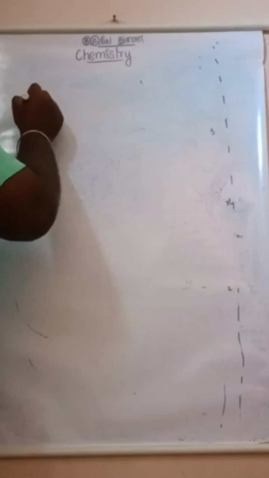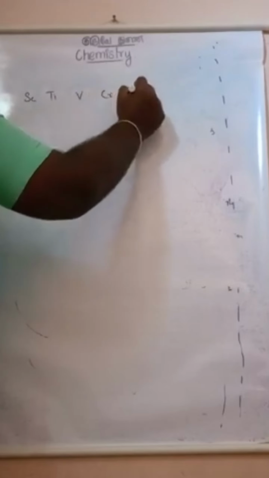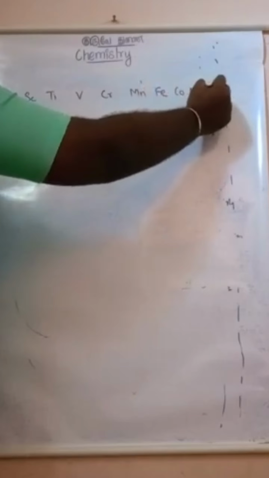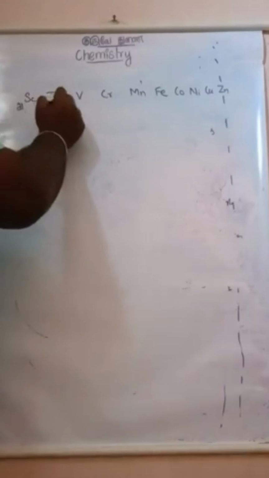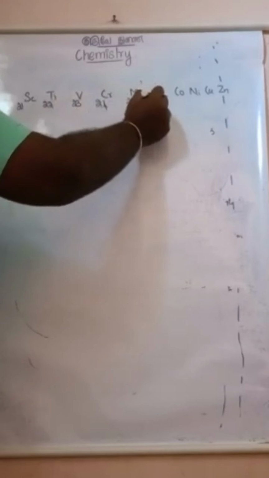For this, it is very important to know the atomic numbers up to 30 and the 3d series elements: scandium, titanium, vanadium, chromium, manganese, iron, cobalt, nickel, copper, zinc. Scandium is atomic number 21, then 22, 23, 24, 25, 26.